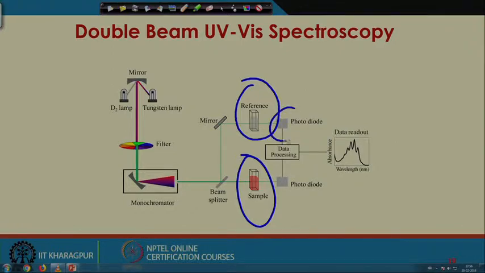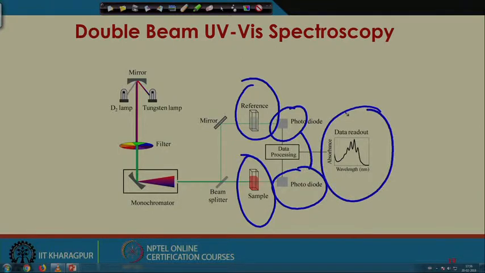These are passed through the detectors, and then these detectors process the data, that means absorbance versus wavelength, and absorbance versus wavelength is plotted as the spectrum.